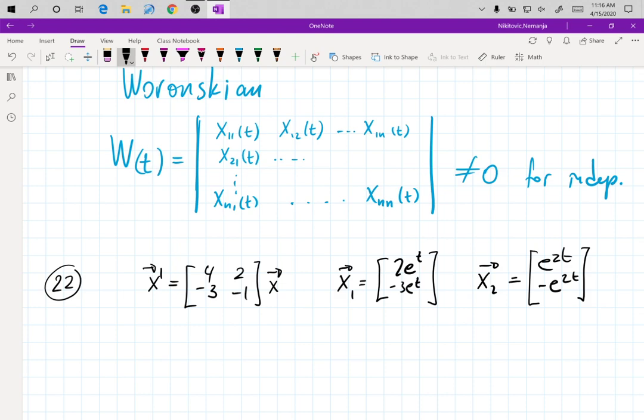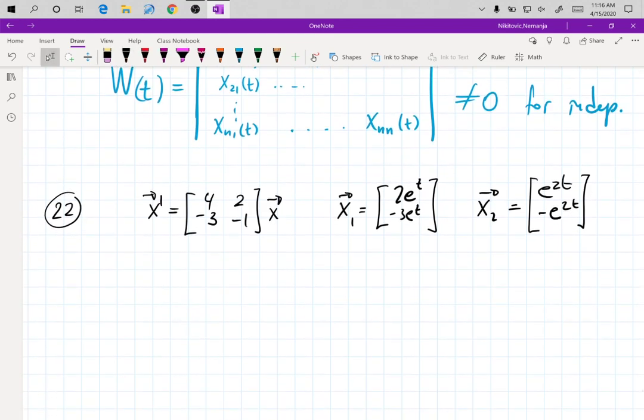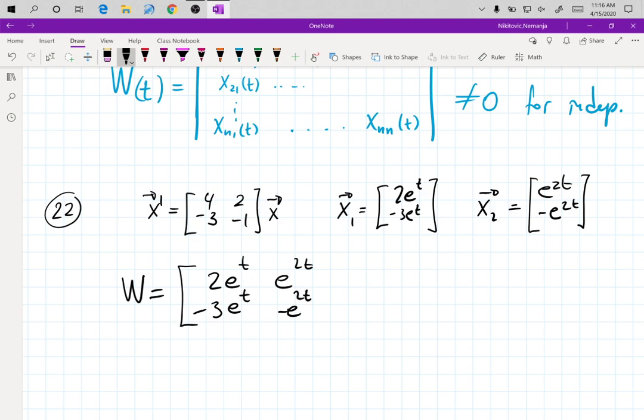Now we can quickly put these in a Wronskian and check it. That's the focus of the problem. So the Wronskian is going to be the determinant with 2e to the t, -3e to the t, e to the 2t, and -e to the 2t.